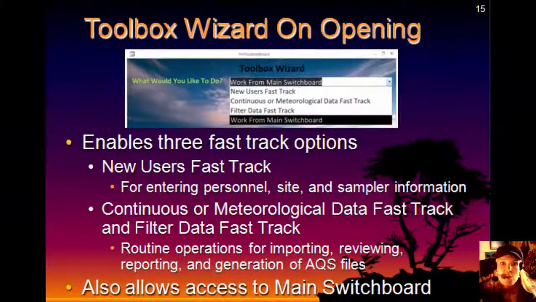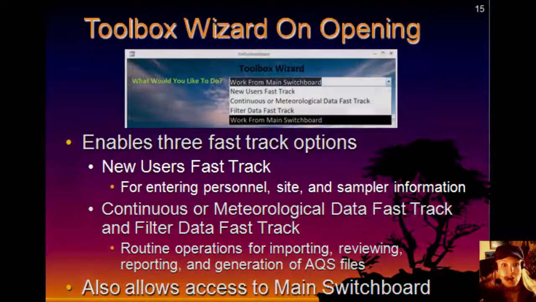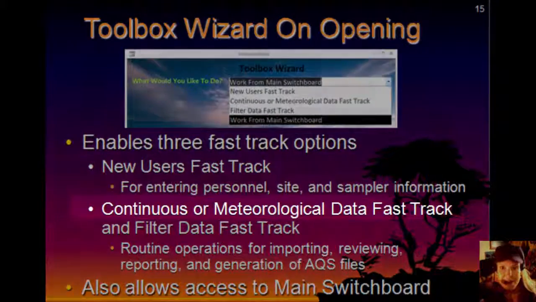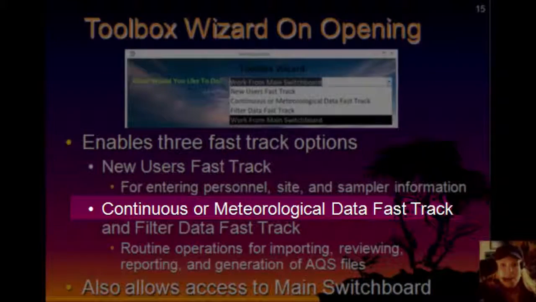And now it has a wizard. The toolbox has a wizard that has fast track options. The new user's fast track is for easy entry of the admin stuff, the people, the site, and the sampler. There's a continuous or met data fast track that provides you with just those functions you need if you just manage continuous or met data.